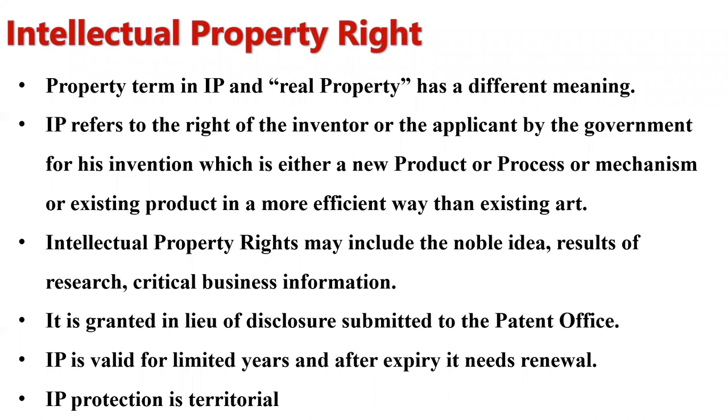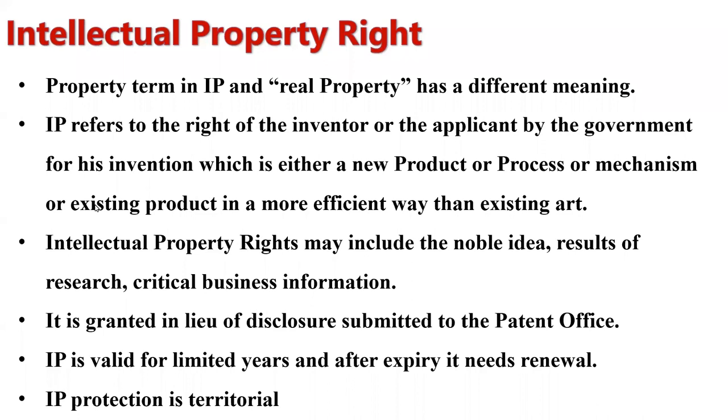It refers to a right granted by the government to the inventor or the applicant for his invention, which is a new product or process or mechanism, or an existing product made in a more efficient way than the existing art.